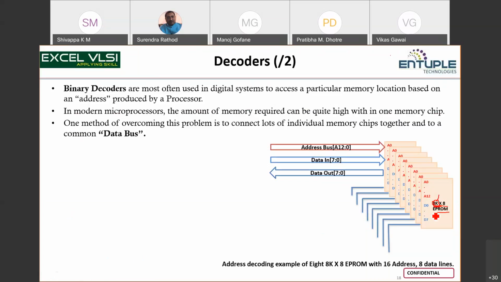Good. So for 1K you need 10 address lines. Now 2K means just one more address line.